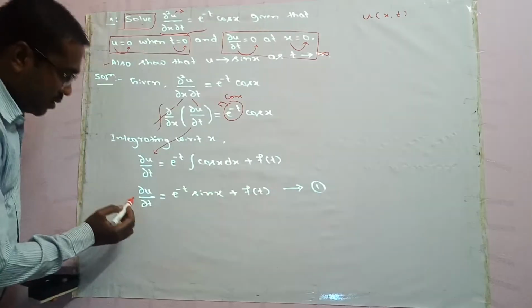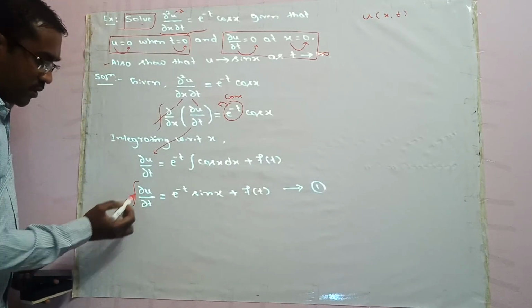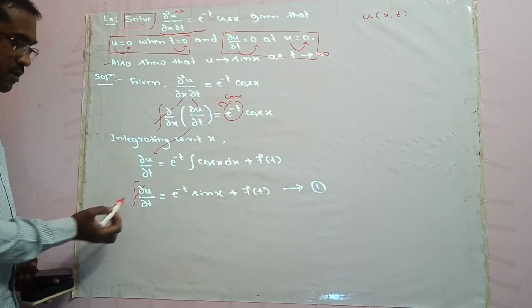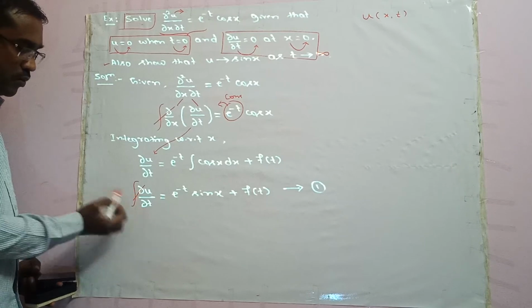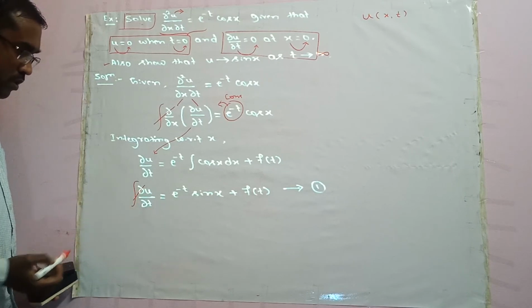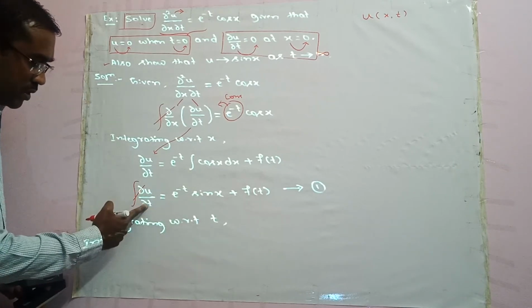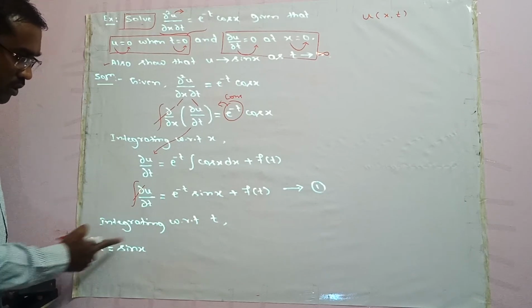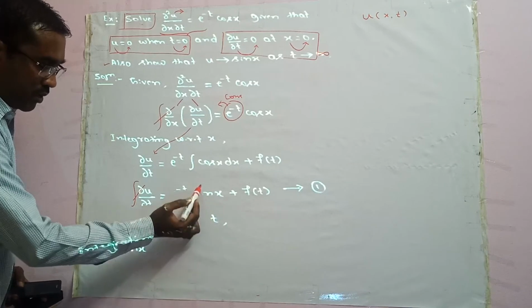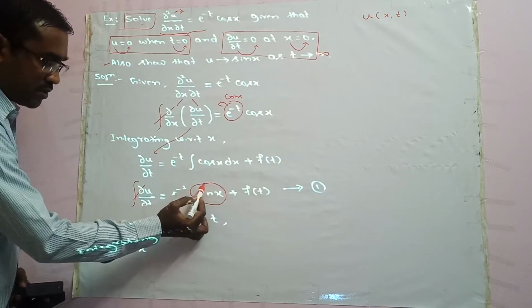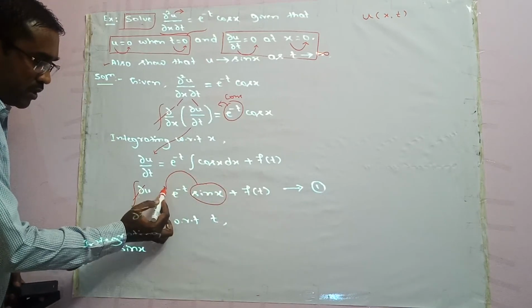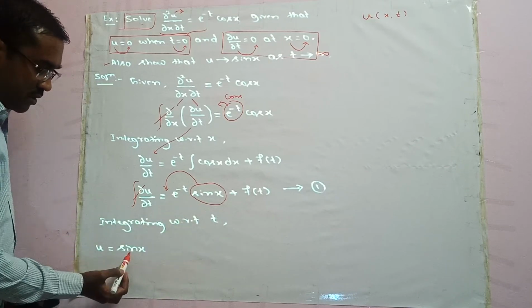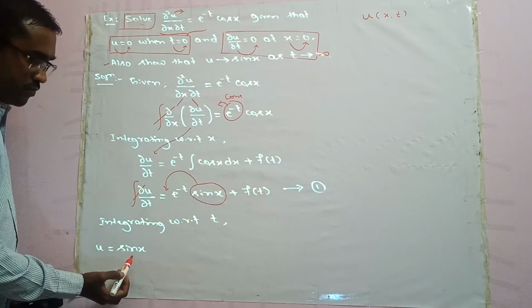Now let us integrate with respect to t and eliminate this derivative dou by dou t to get our u. Integrating with respect to t, you get u is equal to, since you are integrating with respect to t, your x terms will remain constant. So keep sin x outside the integration as it is.